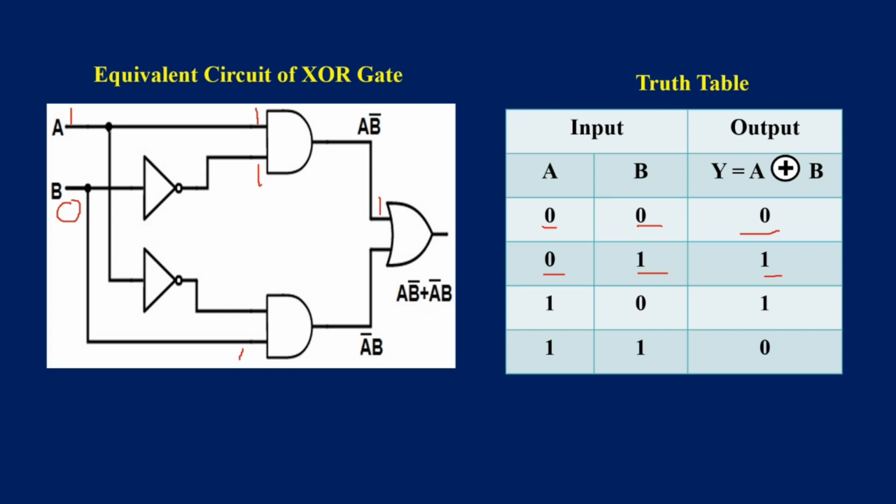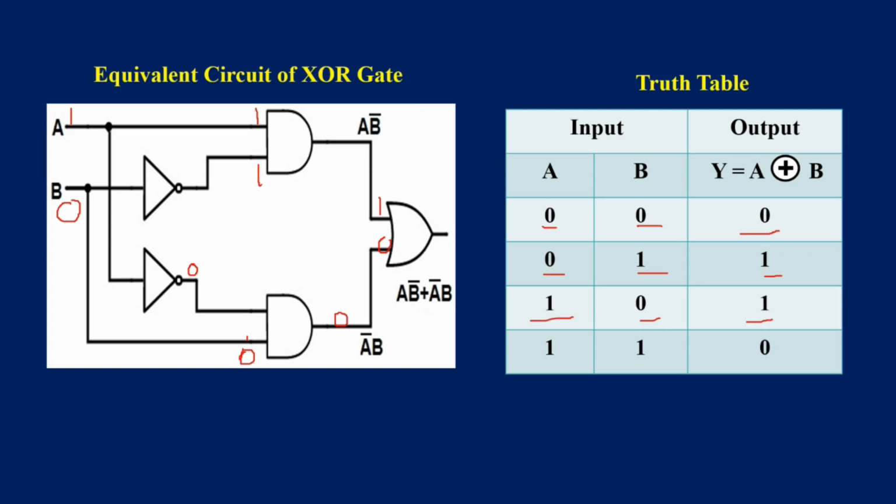And for the second AND gate, this is the input A. For the NOT gate, it inverts it, it becomes 0. If B is 0, then this is given to the AND gate here, this will also become 0. 0, 0, then the output will be 0 here, which is given to the OR gate. 1, 0 logic for the OR gate is 1.